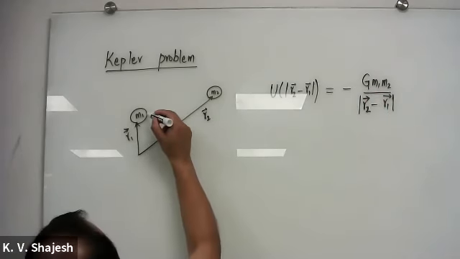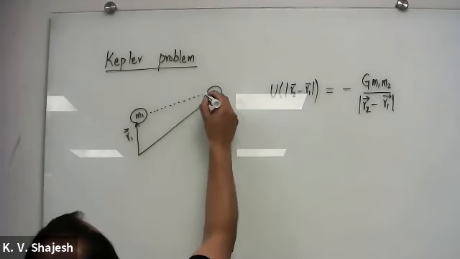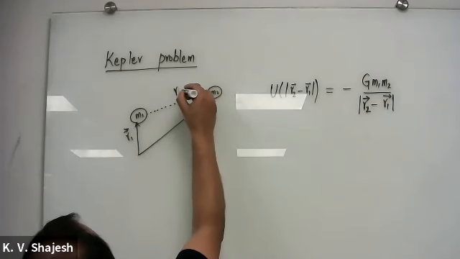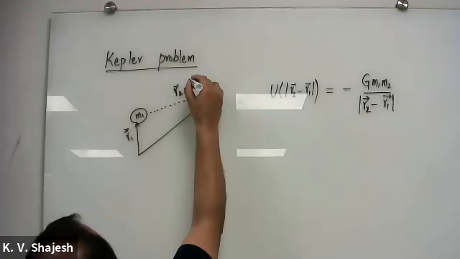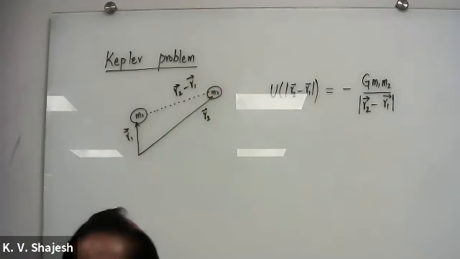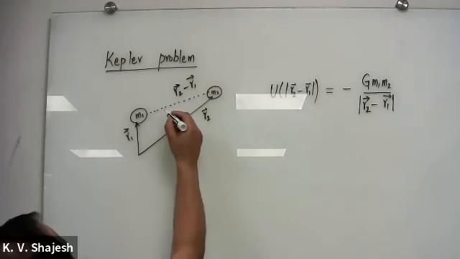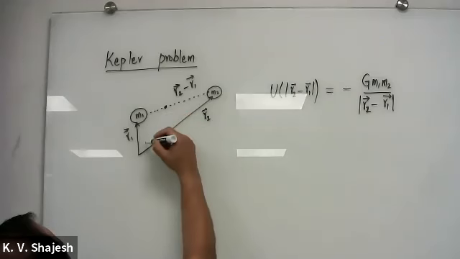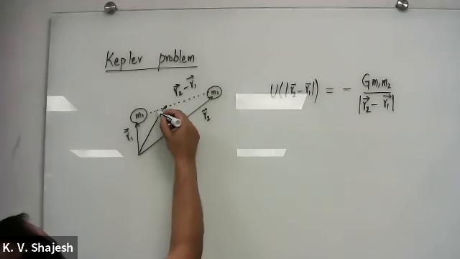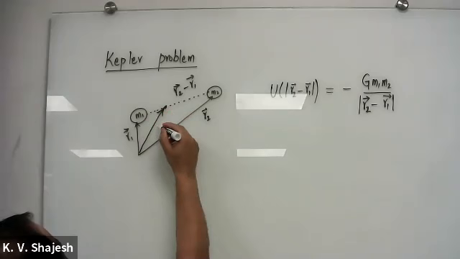That's your r2 minus r1. There is also the center of mass somewhere here. It doesn't have to be exactly at the center.